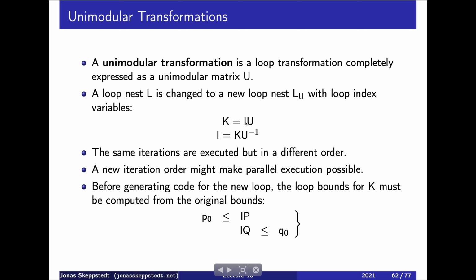The U is used to essentially enumerate all the iterations in a different order, and that is done with new loop index variables. But to find the loop bounds of this new loop, we need to compute the inverse of this. So therefore it should be a unimodular matrix.